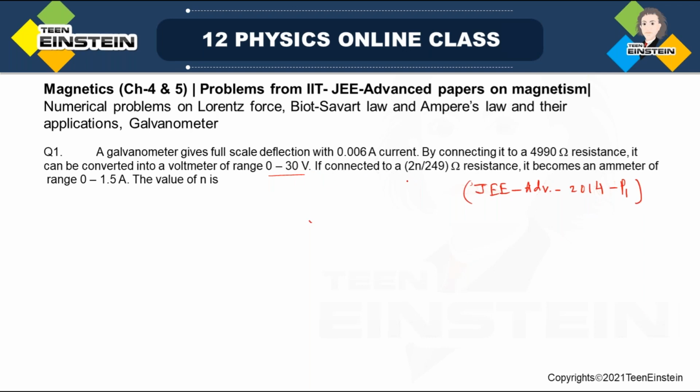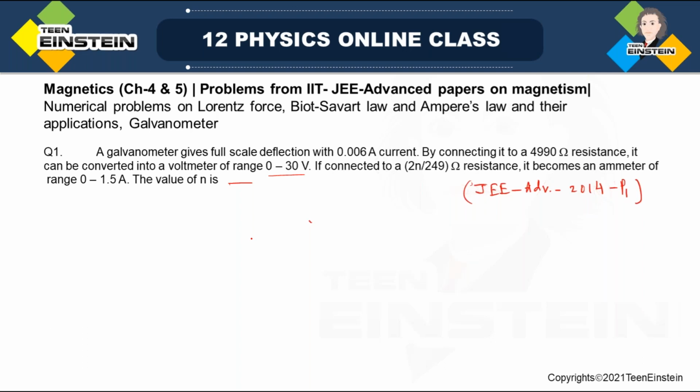If connected to a 2n by 249 ohm resistance, it becomes an ammeter of range 0 to 1.5 ampere. You have to find out the value of n. This is a question where you have to find the answer as an integer, a number.